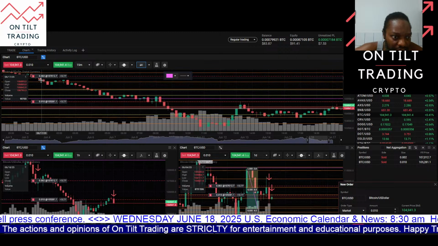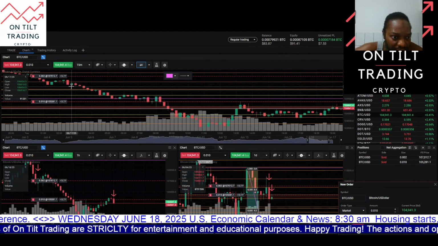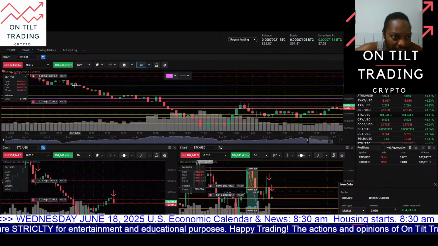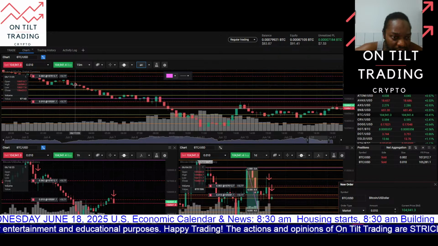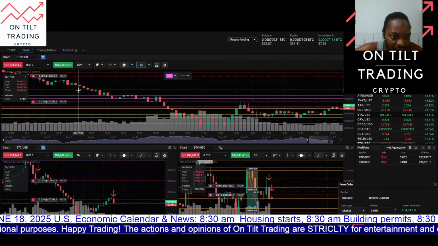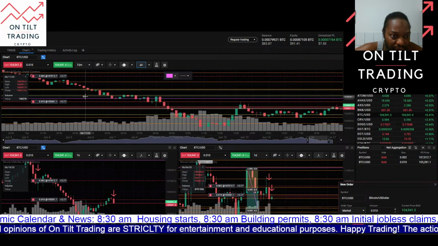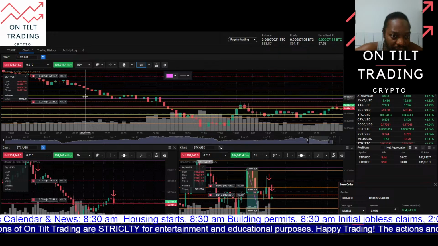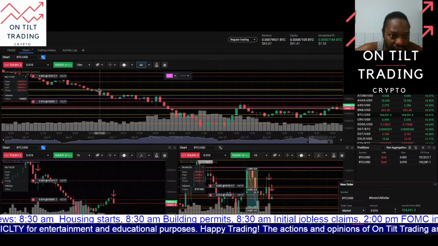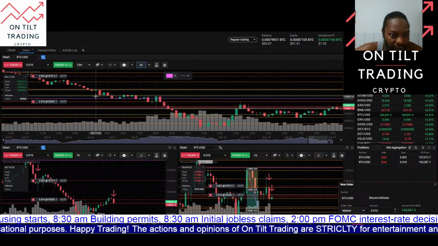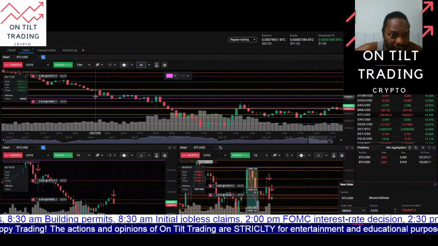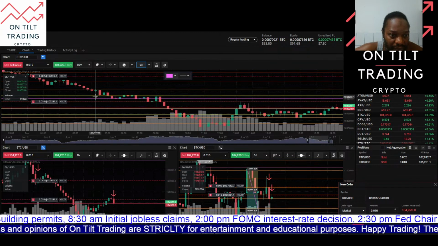This is London, still selling. There's a break of structure here, and that goes to here. Okay, then there's another break of structure here.